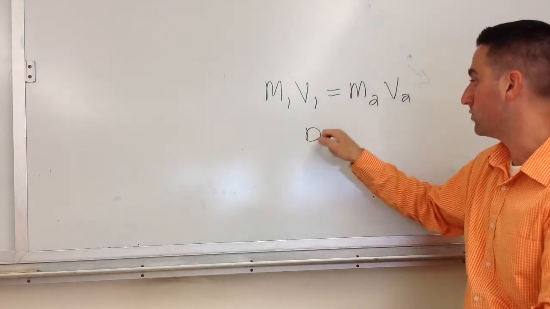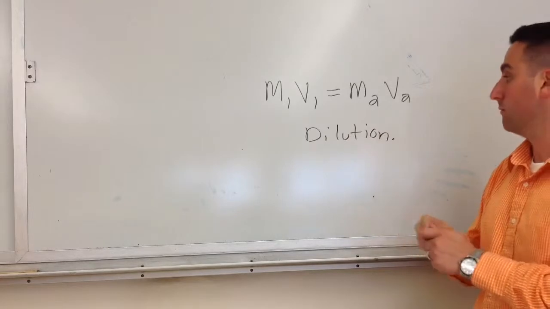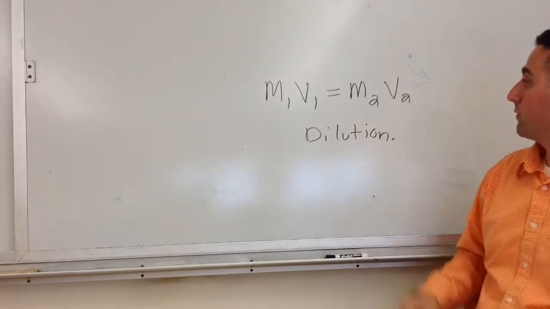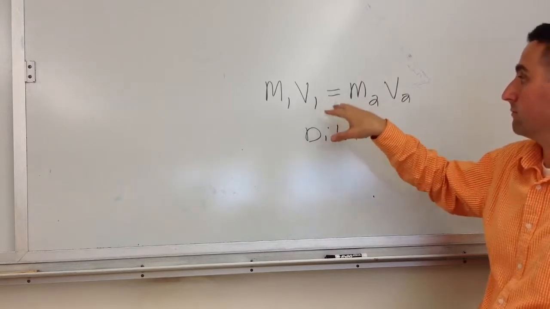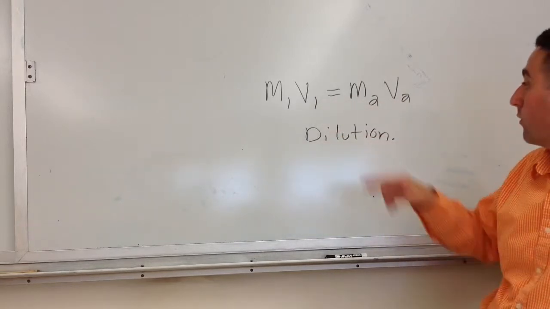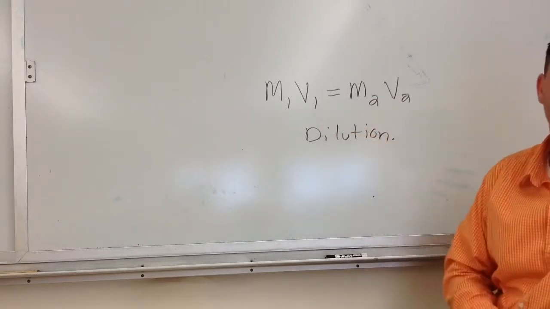This is called the dilution. So if you're ever given the molarity and the volume of one solution, but you don't know the molarity or the volume of another solution, you can use this as well to help you on these problems.